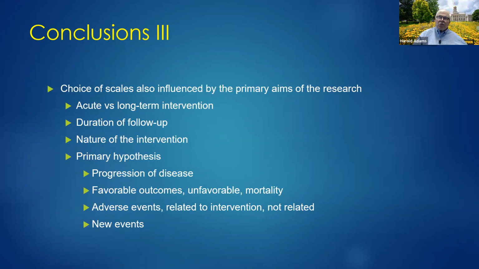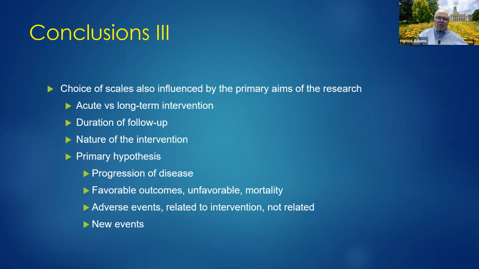It will be based on your primary hypothesis that your intervention is slowing progression of the disease, hopefully improving outcomes, hopefully not increasing mortality, looking at adverse events that may be related to the intervention or may not be related. For example, a patient may be involved in a car crash. And then, of course, you have to record new events.